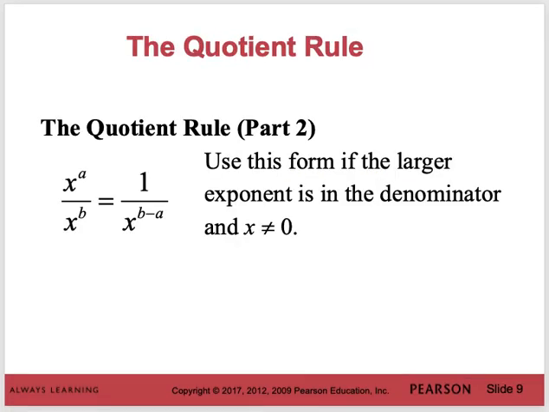The quotient rule, part 2: we can use this form if the larger exponent is in the denominator. Before, the larger exponent was in the numerator, and all we did was subtract.